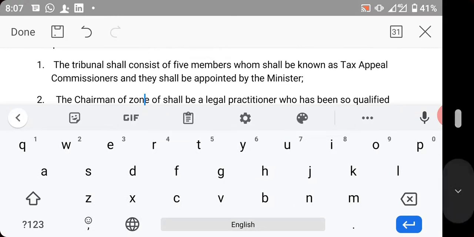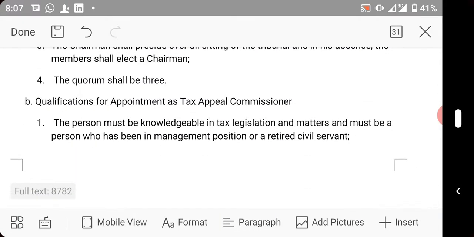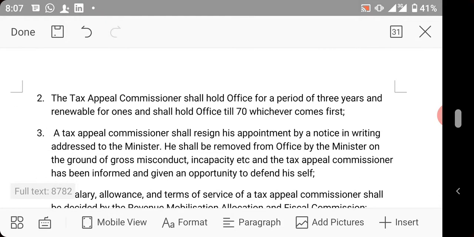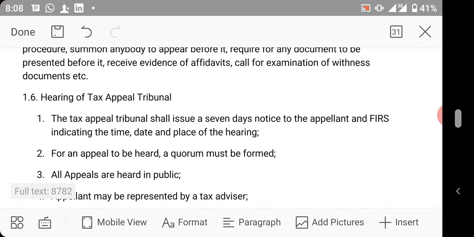So with due understanding and explanations, we'll now look at the powers of tax appeal tribunals. The tax appeal tribunal has the power to summon anybody to appear before it. They also have the power to question or demand evidencing documents. They are also to cross-check the documents presented by the witness, and they have other powers that they have as tribunals.